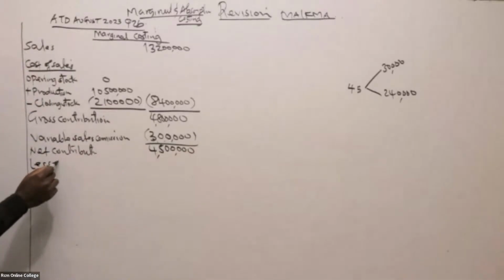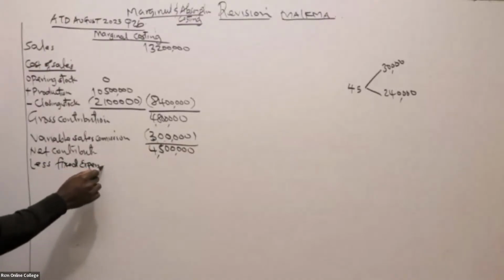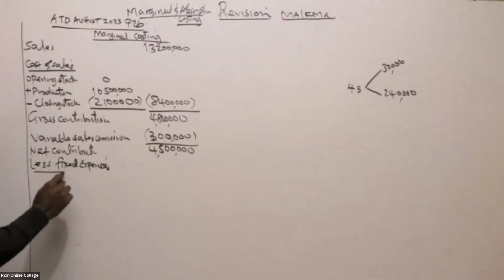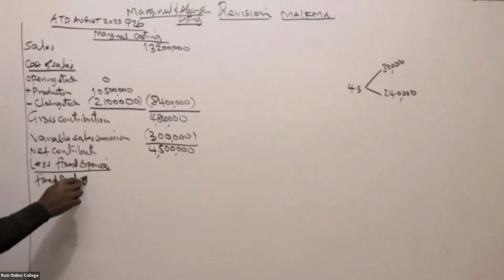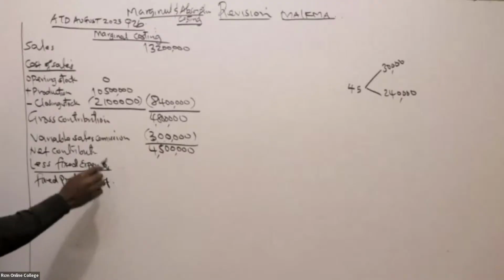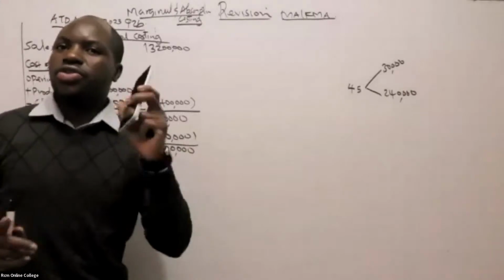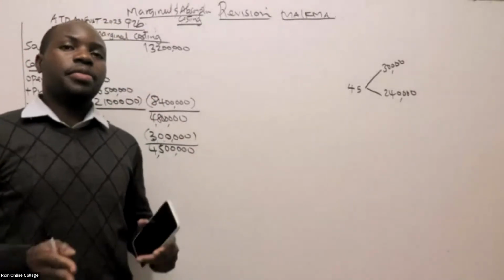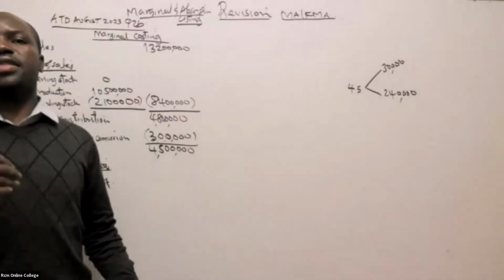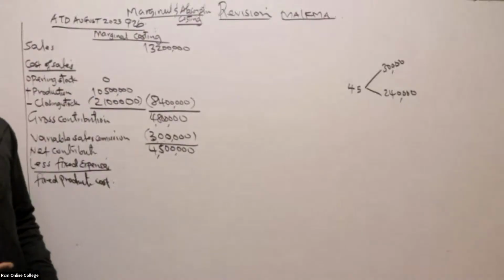So less fixed expenses. Now, one of the fixed expenses is the fixed production costs. In the marginal costing system, the fixed production cost does not form part of the product cost, but it is written off as an expense in the income statement.